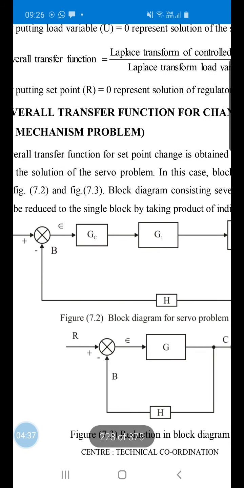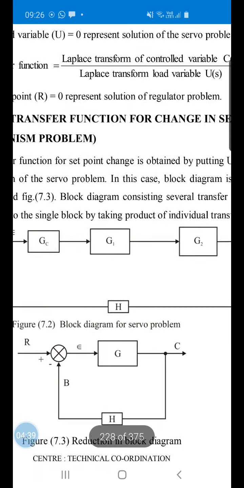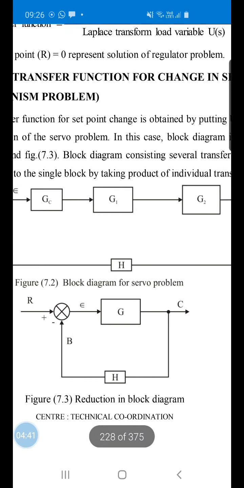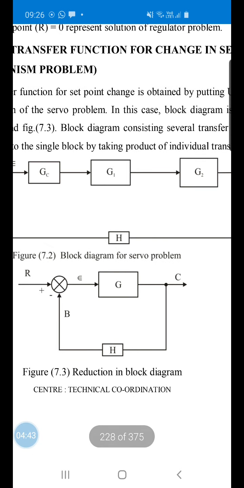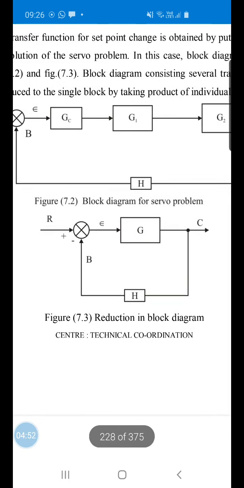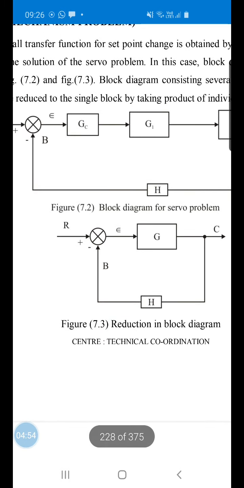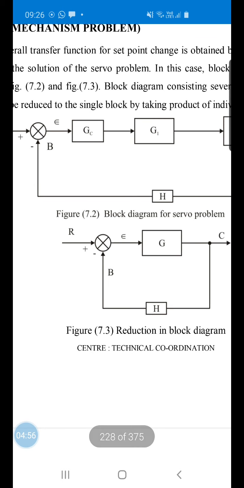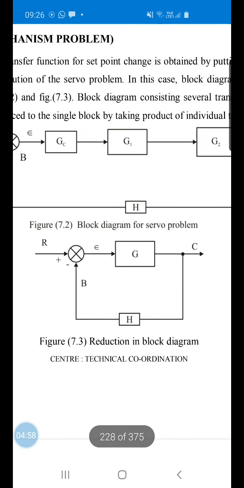We write Gc, G1 and G2 as simply G. Whatever the transfer function in the feedback path, we write as H. So what remains is R, epsilon, B, G, which is the product of Gc, G1, G2, then C and H. So we have reduced the block diagram.